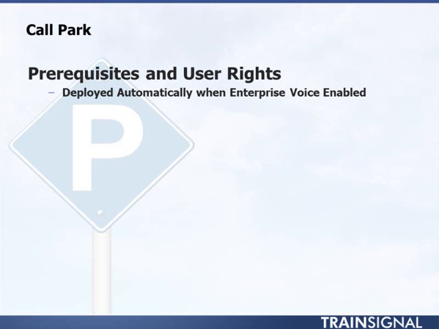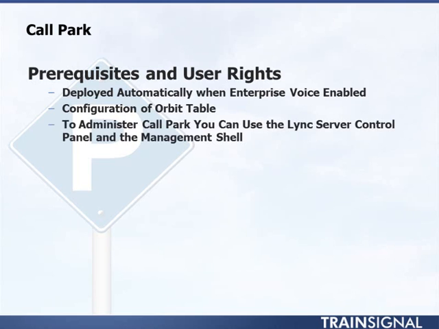What we do have to worry about is the configuration of our orbit range or the orbit table. We can also substitute the default music on hold file with one of our own. We can upload an audio file into the application services pool, pool.carverockfitness.com.